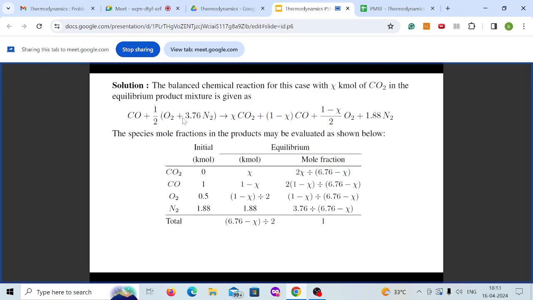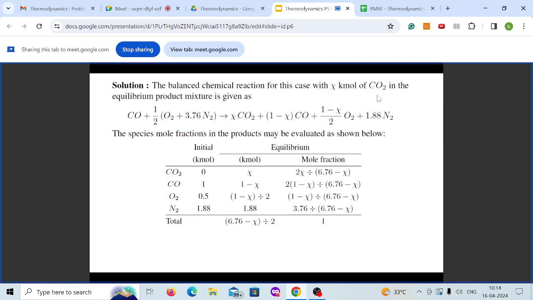So you have half O2, because to form CO2, if you are using 1 mole of CO, you require half a mole of oxygen to form 1 kilomole of CO2. So that's why half. This is the stoichiometric amount of air. So CO plus half moles of air, containing oxygen and nitrogen: O2 plus 3.76 moles of nitrogen.